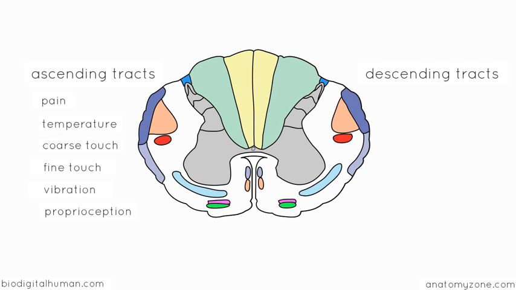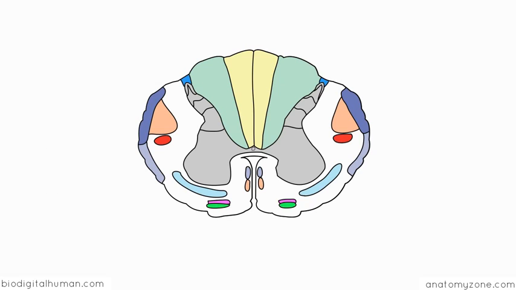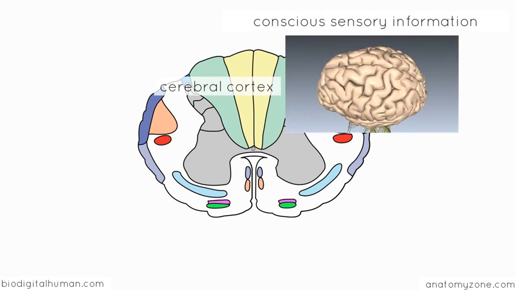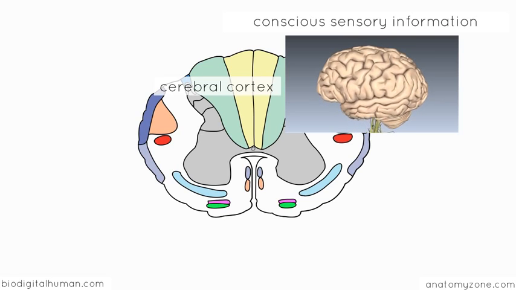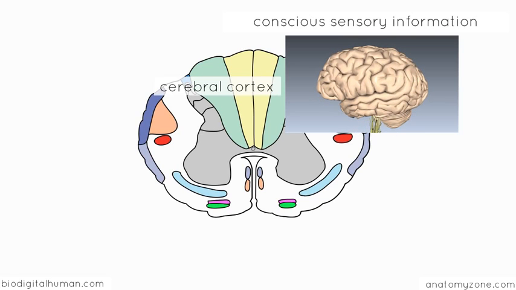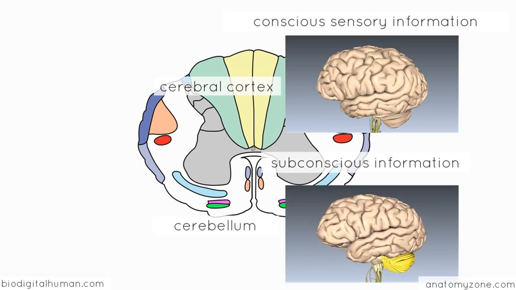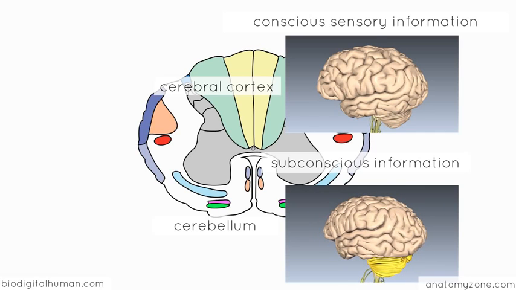So information that is consciously processed and consciously experienced is conveyed to the cerebral cortex via these pathways. Whereas the other information which isn't consciously processed and never actually reaches the level of our consciousness reaches different areas in the brain. So it doesn't go to the cortex, it goes to other areas like the cerebellum with proprioceptive information, so information from muscle and joint receptors.